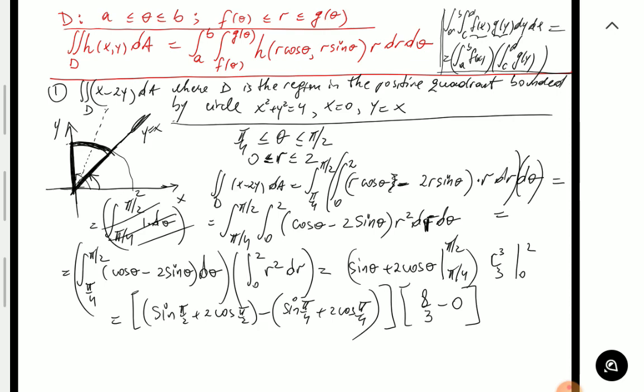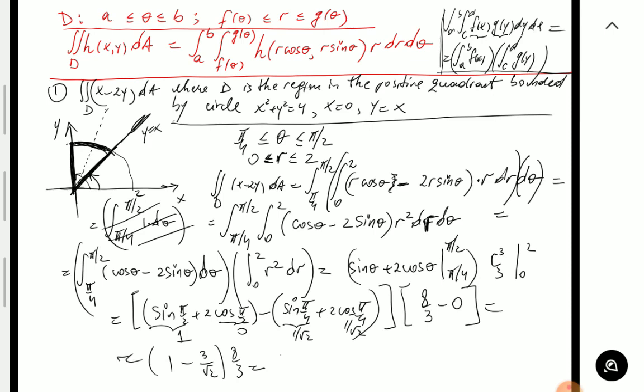Okay, so sine of pi over 2 is 1, this is 0, this is 1 over root 2, and this is again 1 over root 2, right? So what do we have here? We have 1, let's see, minus 3 over root 2 times 8 over 3.